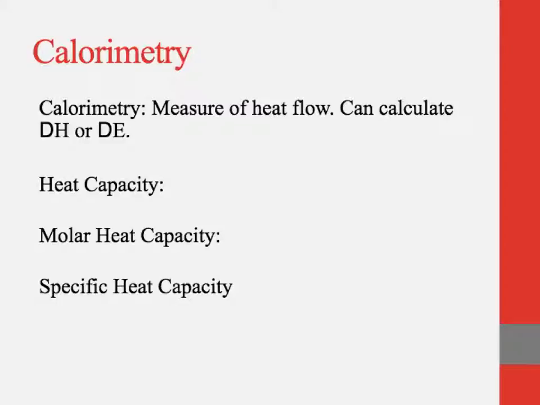So calorimetry in general is the measure of heat flow, and we can calculate delta H or delta E from this. The first thing that we're going to talk about is heat capacity, and that's the amount of heat required to raise the temperature of a body by 1 degree Kelvin.